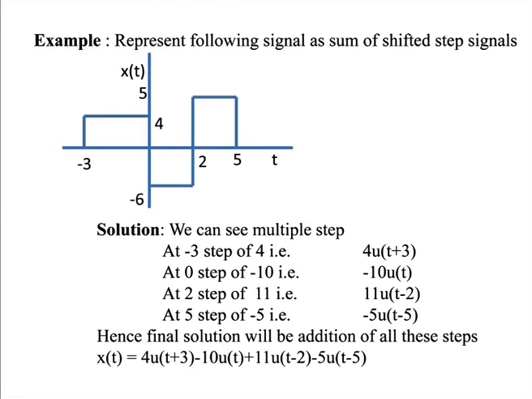So, the complete signal is x(t) equal to 4u(t plus 3) minus 10u(t) plus 11u(t minus 2) minus 5u(t minus 5). So, this signal can be represented using unit step functions.